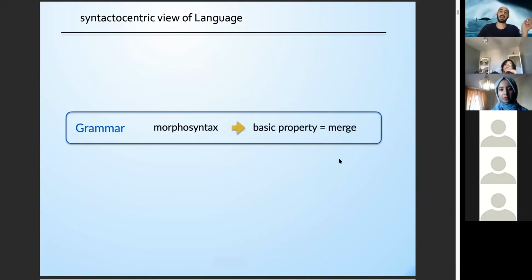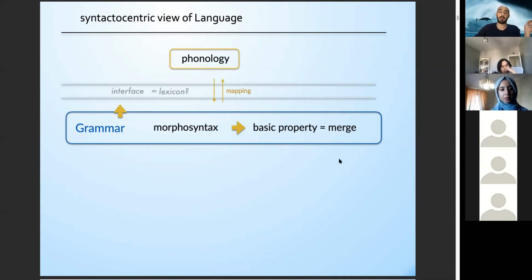The idea is that the basic property of grammar is merge, as we have seen already. Then you have phonology somewhere, a mapping between your phonology and your syntax, and an interface, which could be, for instance, the lexicon, which could be Wernicke's area, or STS, STG, now that you are more sophisticated.